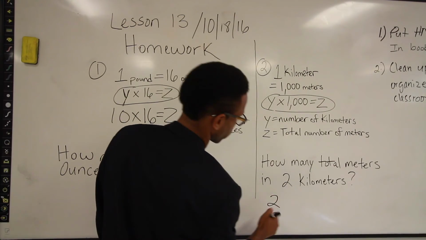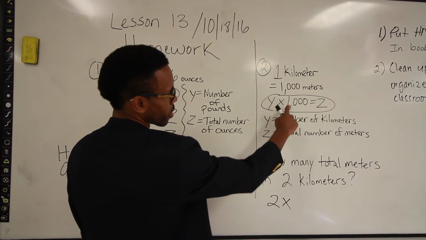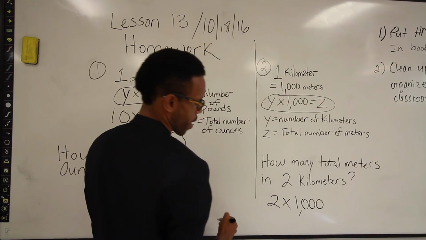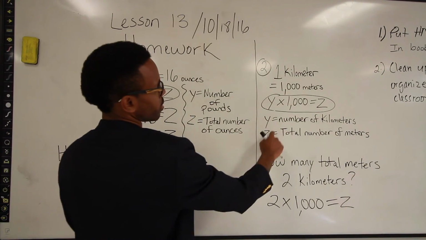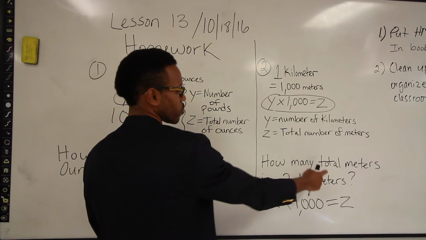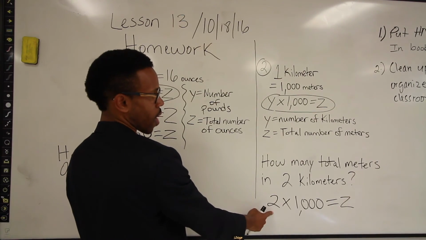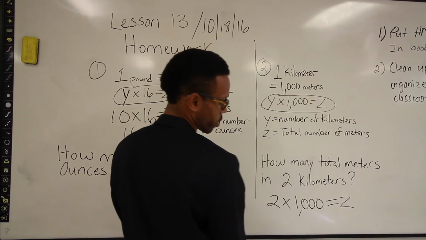So replace the y with the 2. Bring down the multiplication symbol here. Bring down the 1,000. Equals z. Z is the total number of meters. So that's what the question's asking. How many total meters are in these 2 kilometers? I'm simply going to do the math then.